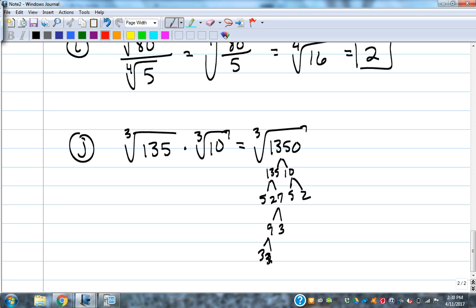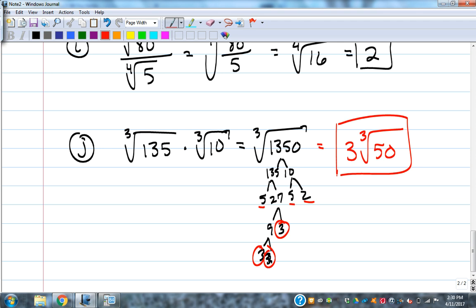So we're looking for sets of how many? 3. There's only two 5s and then a 2. So there's a 3 on the outside. What's left on the inside of the cube root? Two 5s, 5, 5, and 2. 25 times 50. And there's a simplified version of that.